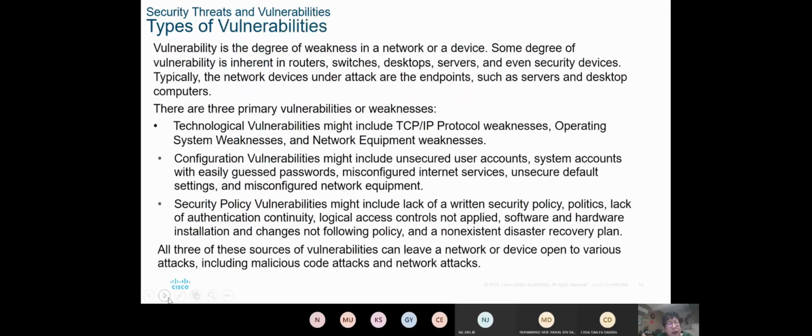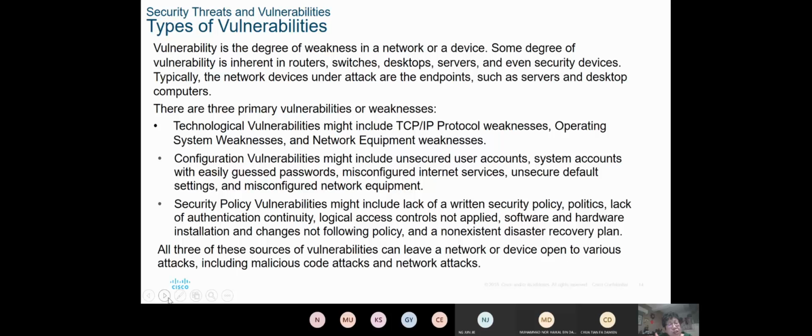Now, we can classify these vulnerabilities basically into three categories: technology, configuration, and your company policy, the security policy.